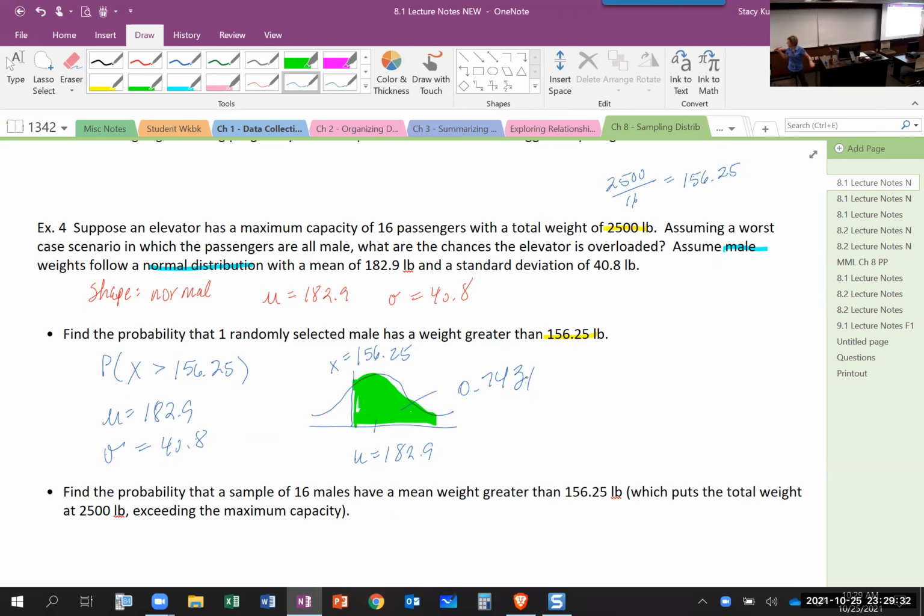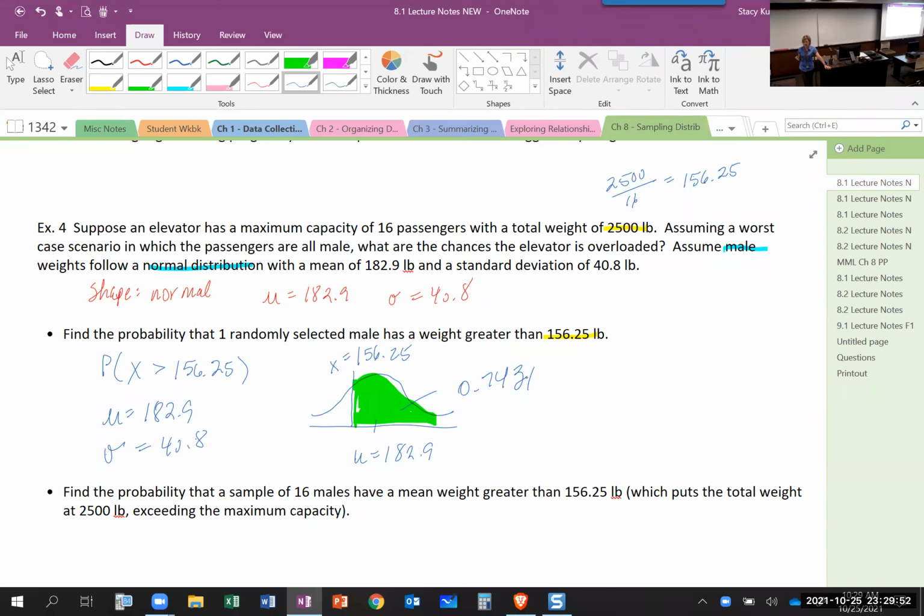So this question just says that in the whole world of men's weight, the likelihood that I encounter a guy who has a weight more than 156.25 pounds is about a 74% chance. All men, right? Think about men that you know.